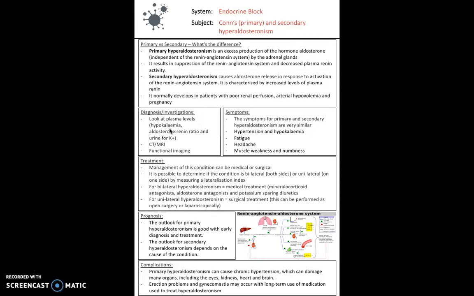If it's unilateral, surgical treatment is normally the best option because of course we leave one adrenal gland in, which is sufficient, it kind of compensates. Whereas if it's bilateral hyperaldosteronism, of course we can't remove both adrenal glands, and therefore it's medical treatment. So for example, mineralocorticoid antagonists, things that would block the action of mineralocorticoids, which are aldosterone essentially.